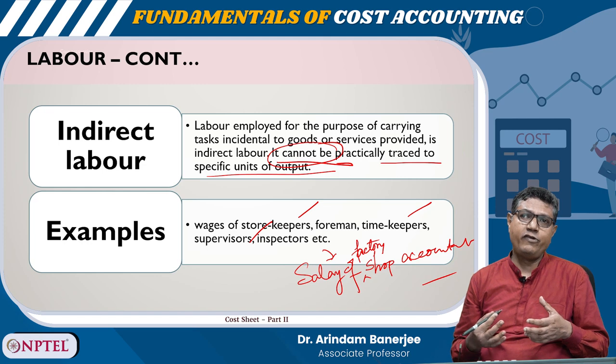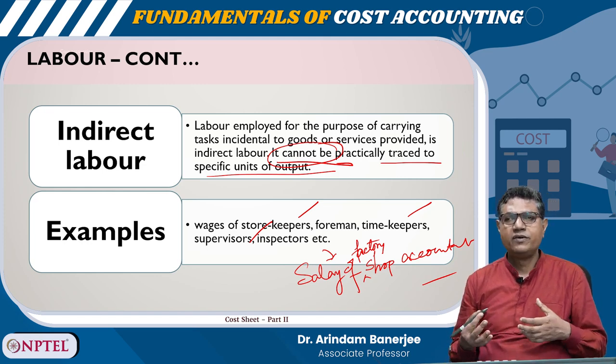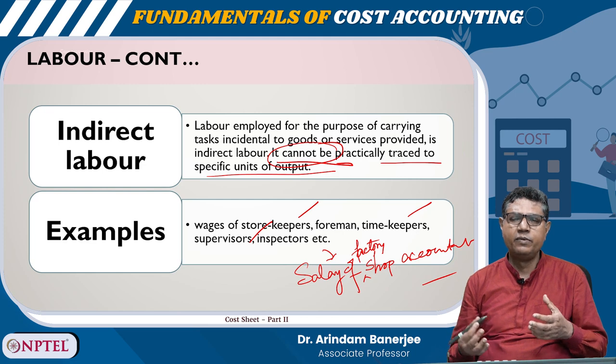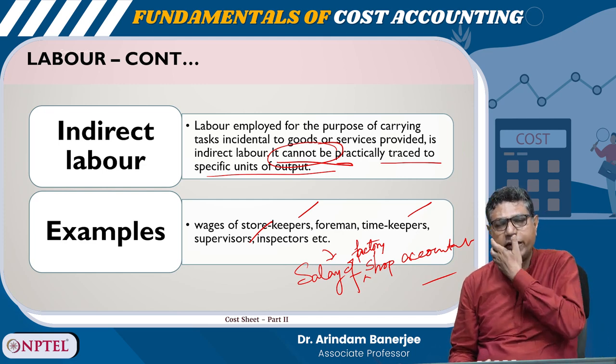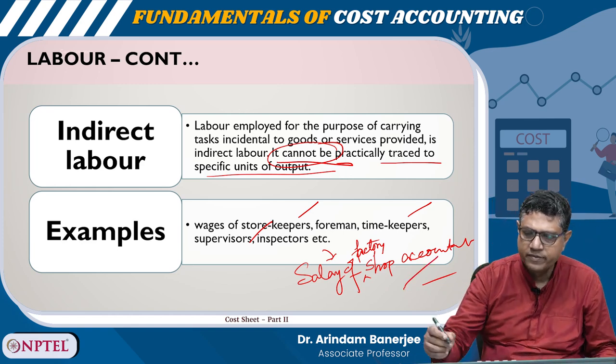It is a part of manufacturing expense, which we discussed earlier. It is an example of indirect labor, because the salary paid to him we can't directly assign to the final product.